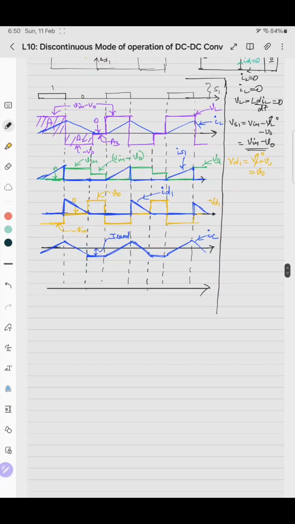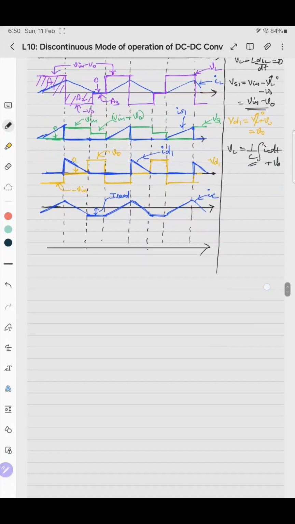So that is nothing but VC. IC is C dV by dt. So VC is 1 by C integral IC dt plus V naught. So I have to integrate this.